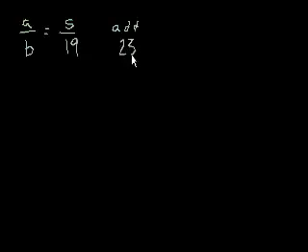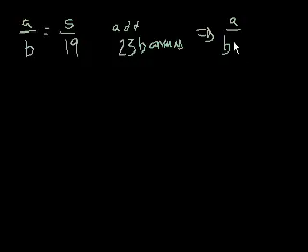Let's say, this thing sometimes malfunctions. Okay, let's say that the ratio of apples to bananas in a basket is equal to 5 to 19. And when we add 23 bananas, the ratio of apples to bananas, and actually let's just write it right now.